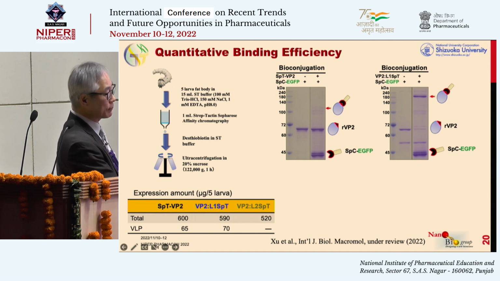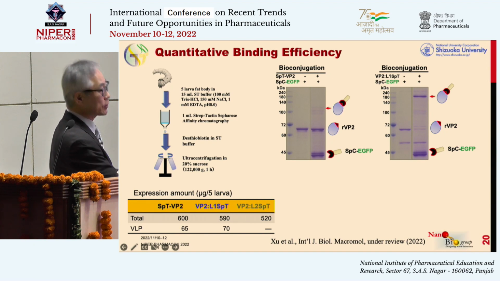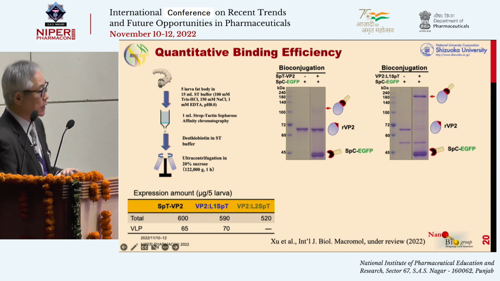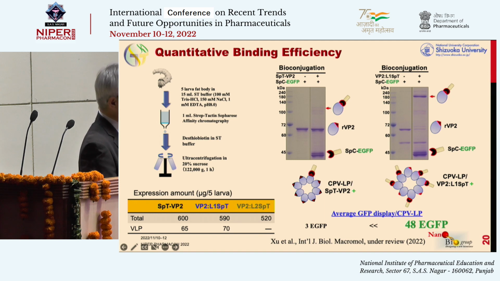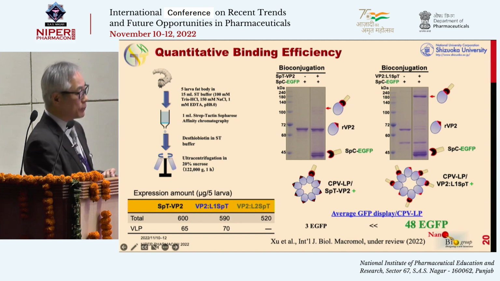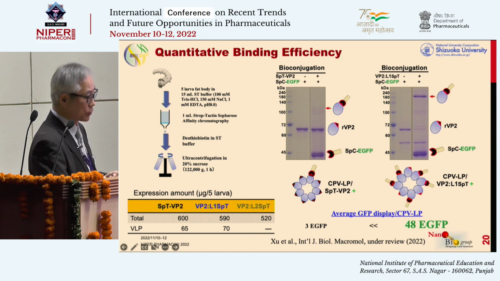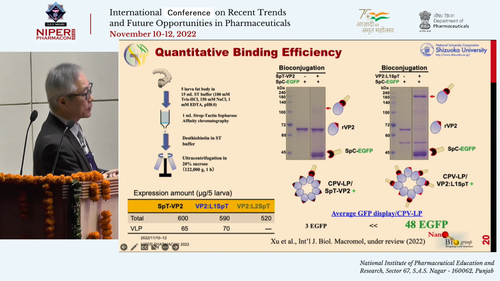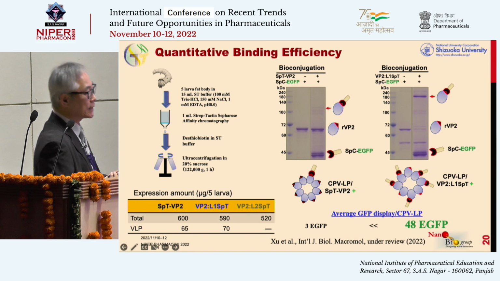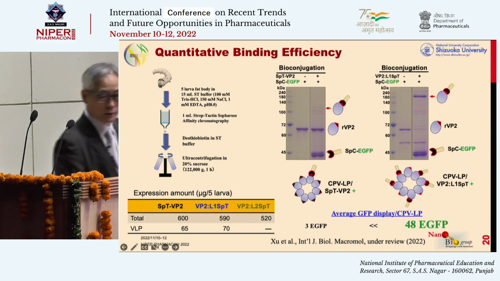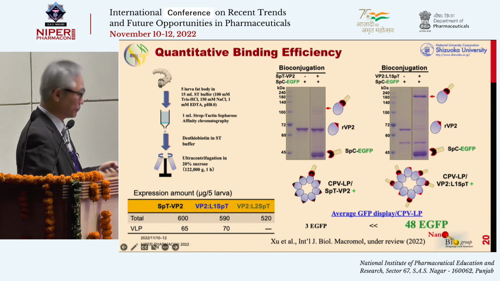This one has a very thick band intensity, we can confirm. Therefore, using this data, we estimate the molecular number of EGFP. In this system, only 3 EGFP are displayed on the surface of this VLP. In this system, 46 EGFP may be displayed. Therefore, there is 16 times higher efficiency in this system.